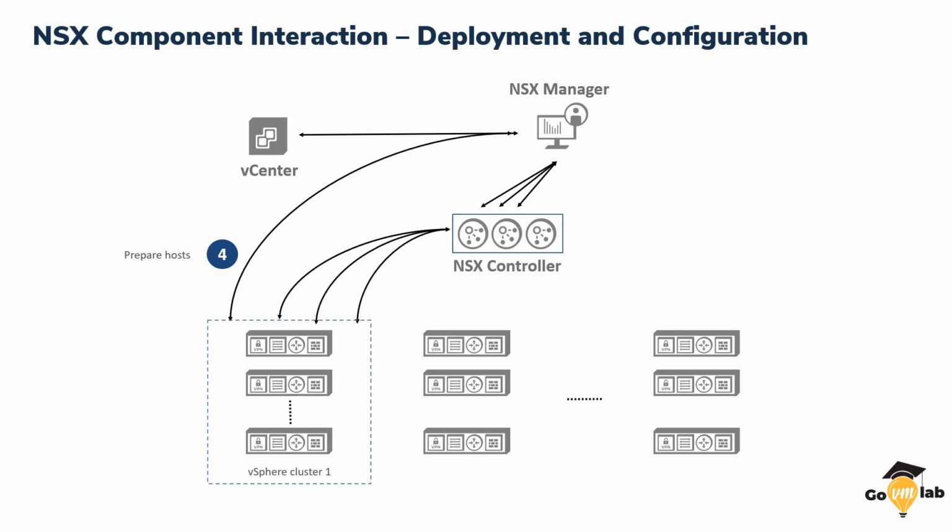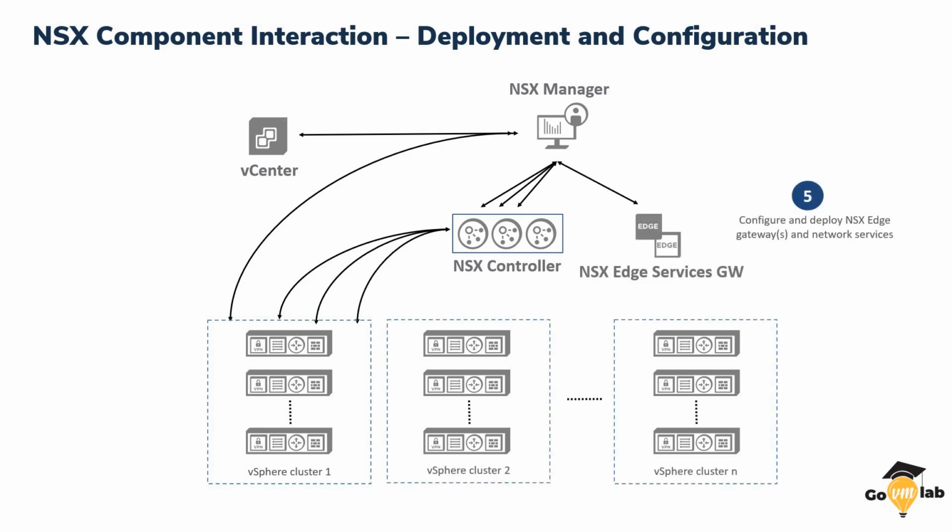Once the controller deployments are done, we prep every cluster of our ESXi hosts for the NSX capabilities. Once that is done, all our clusters are prepped with the required kernel modules for switching, routing, and firewalling. Then we go and deploy the NSX Edge Services Gateway. This Edge Services Gateway helps us connect our VXLAN network to the external physical network.